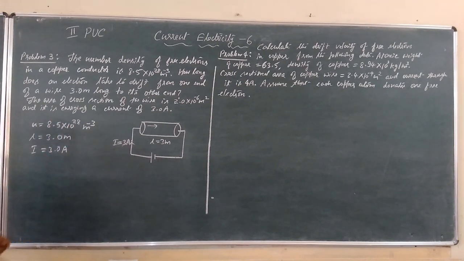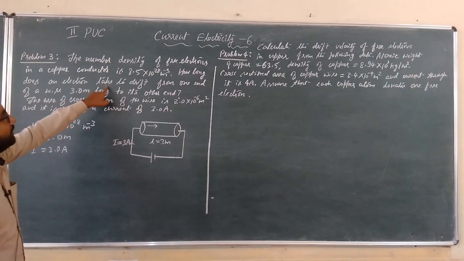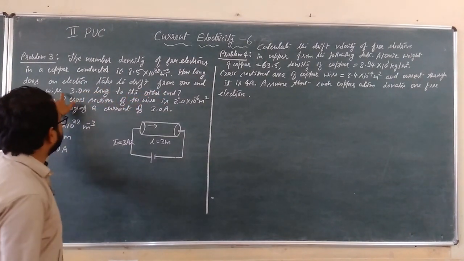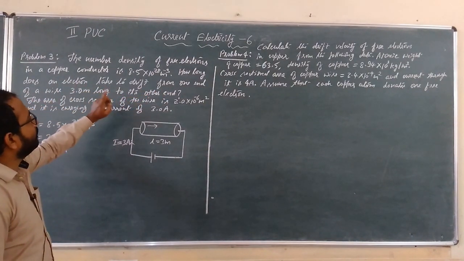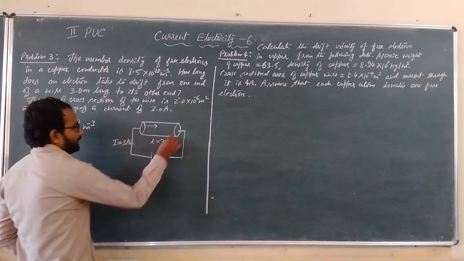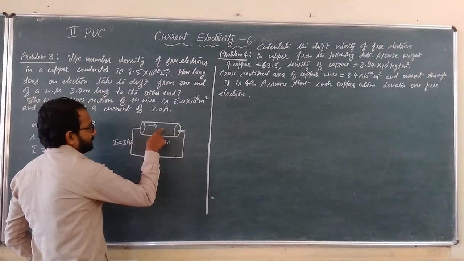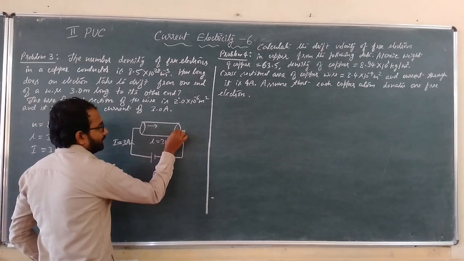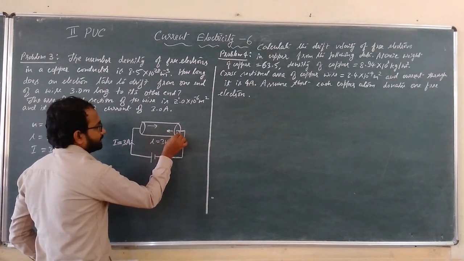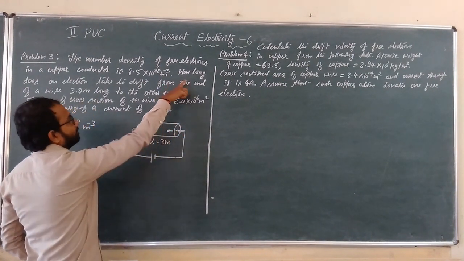Right? What is asked? How long does an electron take to drift from one end of the wire to the other end? The electron is moving in the opposite direction of current, drifting in this particular direction. What is the time taken by the electron?